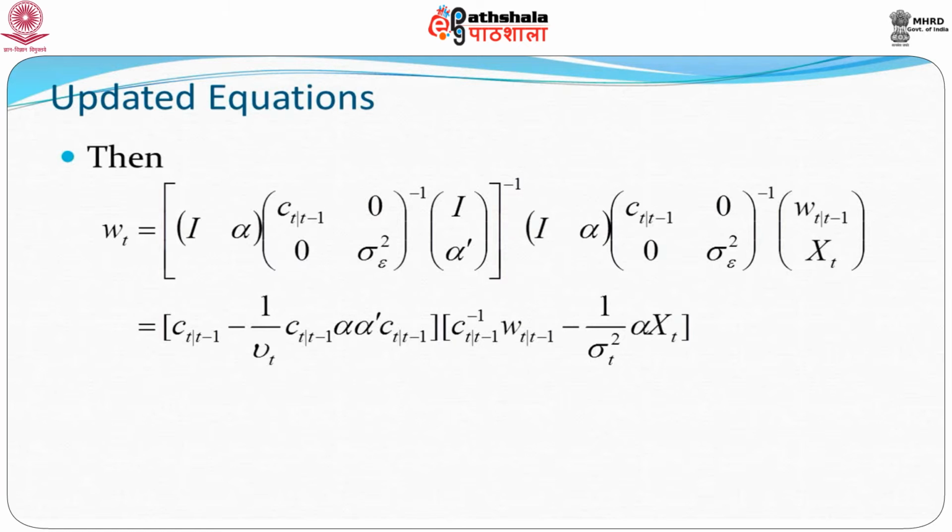That is what we generally get, and that is how we write it. And then after a little bit of algebra, we can write this Wt as Ct given t minus 1 minus 1 by dt into Ct given t minus 1 alpha prime Ct given t minus 1, with Ct equal to Ct given t minus 1 minus 1 by mu t Ct given t minus 1 alpha prime Ct given t minus 1.